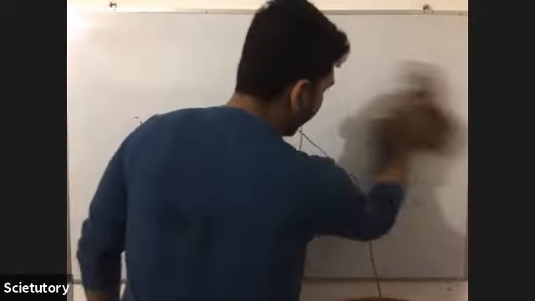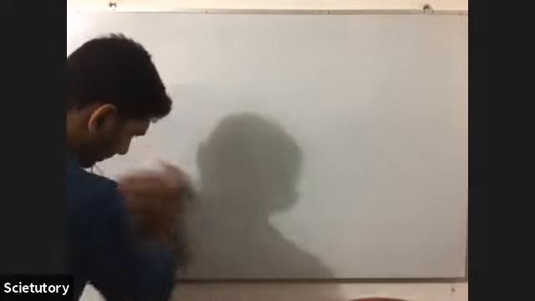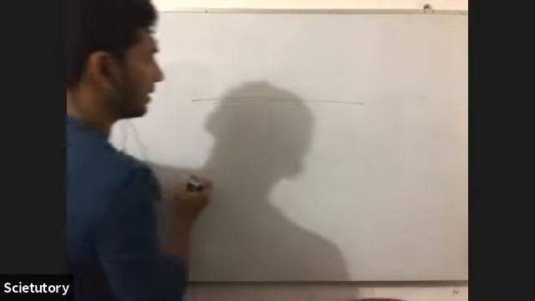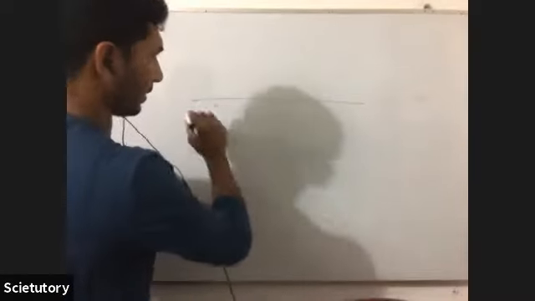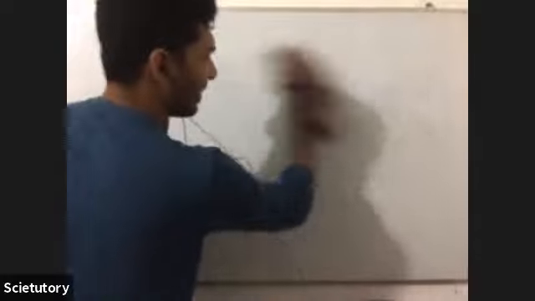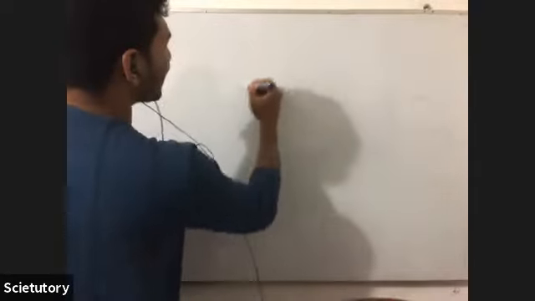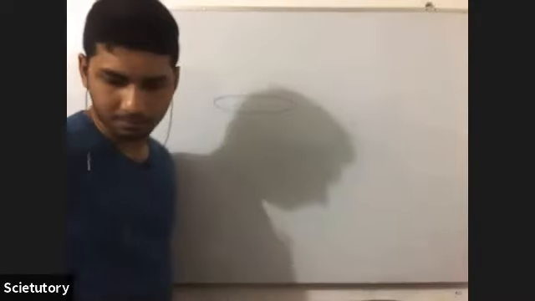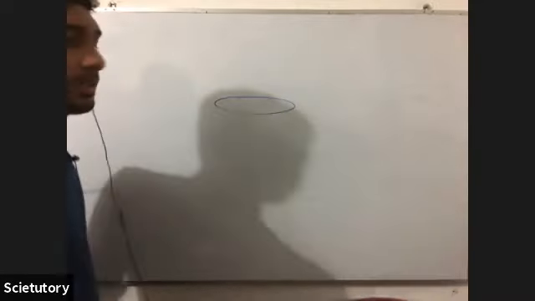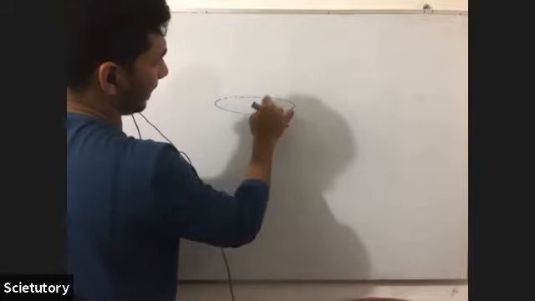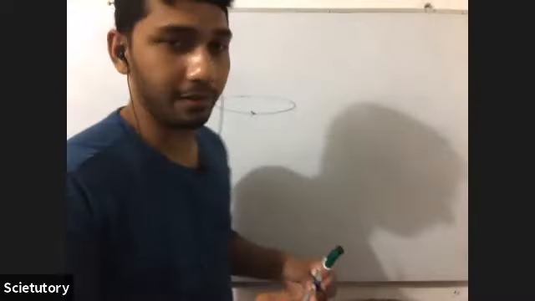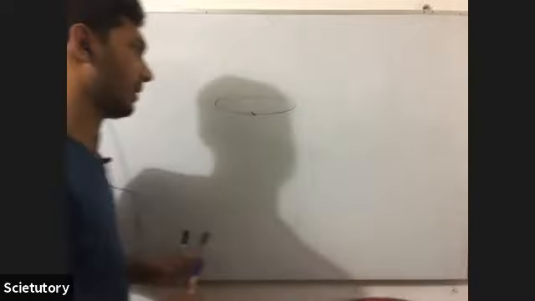So how do you find it? This arrangement is very unfamiliar for us. Sorry, this line is unnecessary. So if you have a circular loop like this, and it carries current like this, you have a magnetic field due to this current.